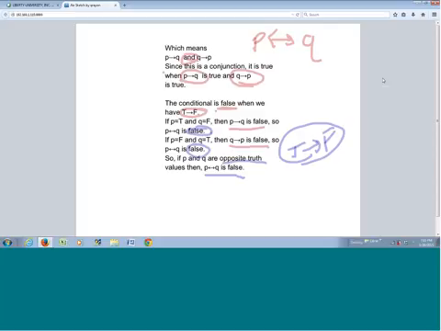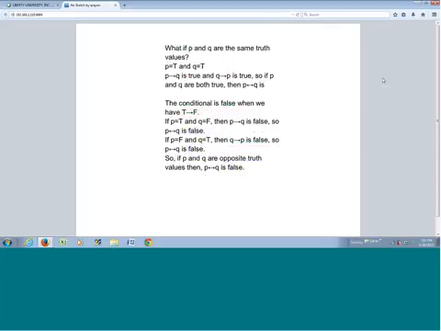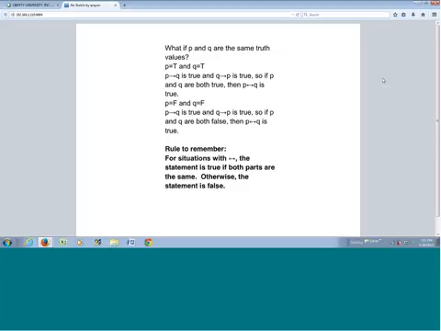What if P and Q are the same truth values? Well, if P is true and Q is true, then the conditional P arrow Q is true, the conditional Q arrow P is true. So if it's all true, then this is also true.